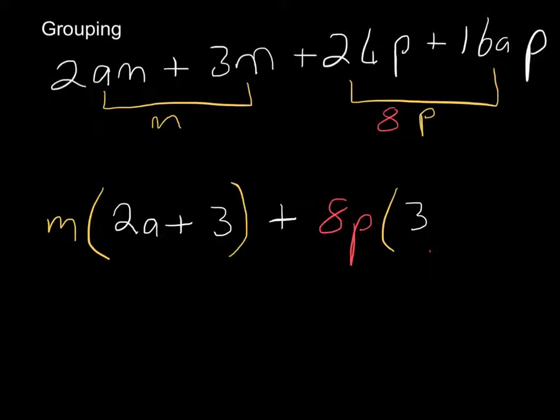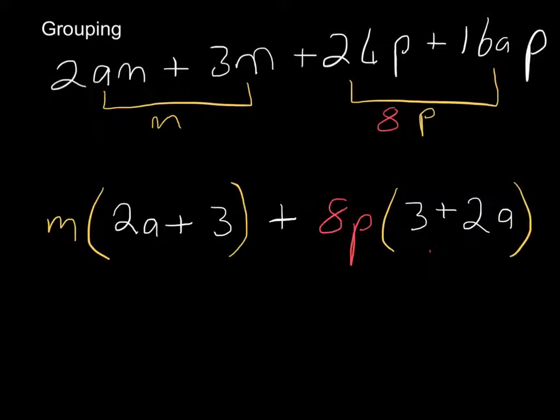P divided by p leaves me with 1. And so then we add our plus. Then 8 goes into 16 twice. And if I divide my p's, ap, the p's will disappear because p divided by p is 1, leaving me with only an a.